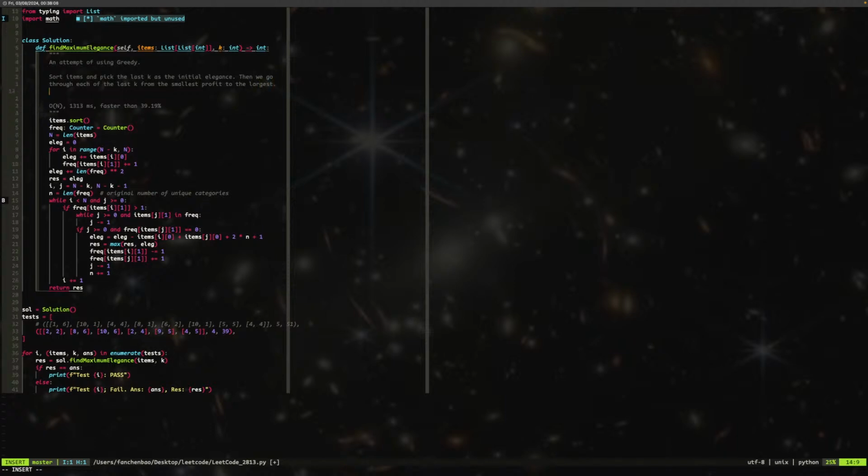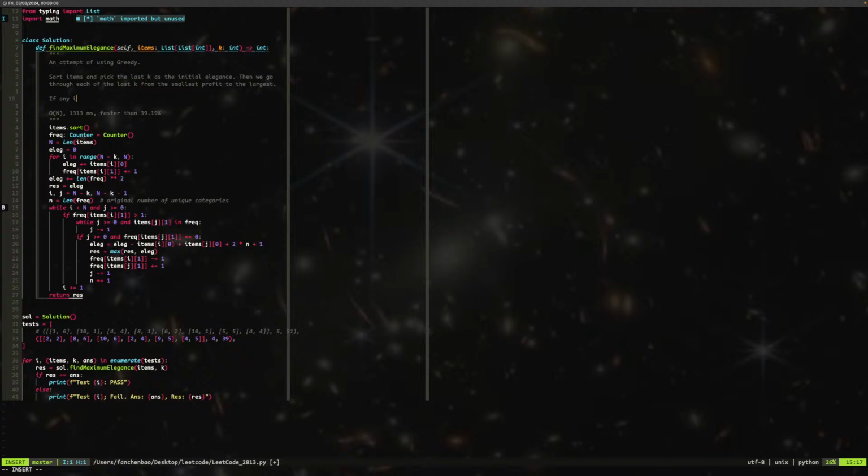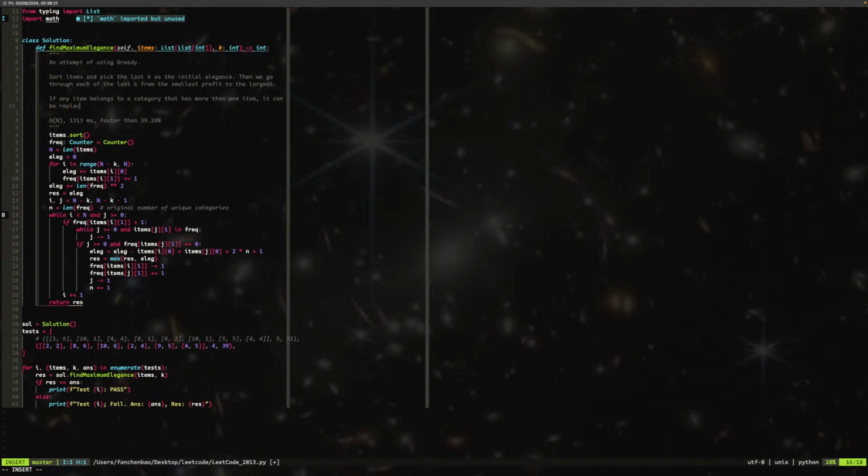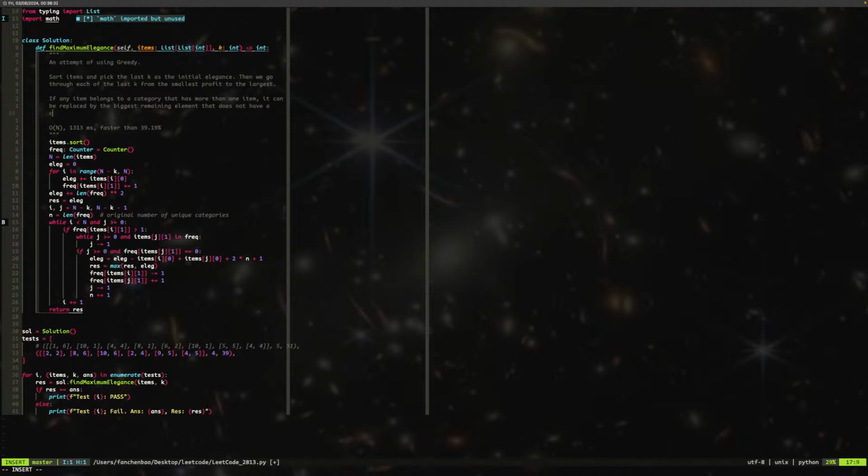If any item belongs to a category that has more than one item, it can be replaced by the biggest remaining element that does not have a category belonging to the last k.